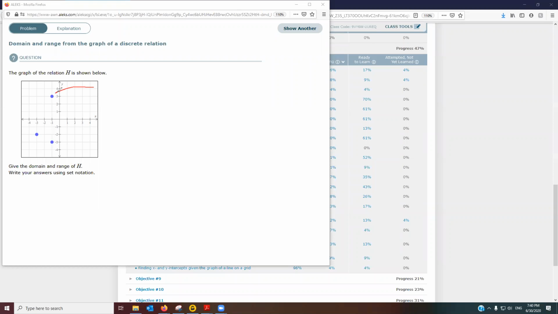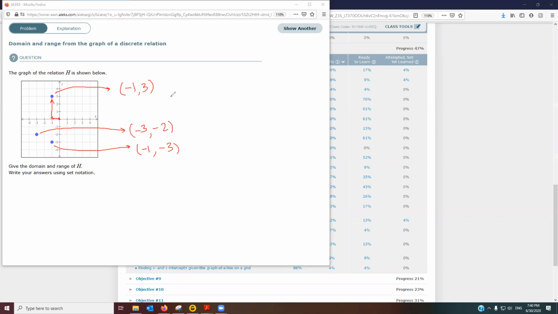For this blue dot, it looks like it's -1, 3. I'm noticing that I would go to the left 1 and up 3 to get to that point. So that's -1, 3. How about this point? Well, I'd go horizontally -3 and then go vertically -2 for that one. And for this one, it looks like it would be -1, -3.